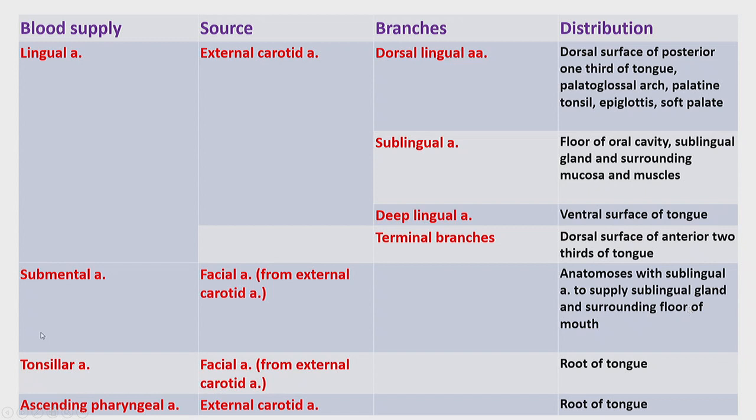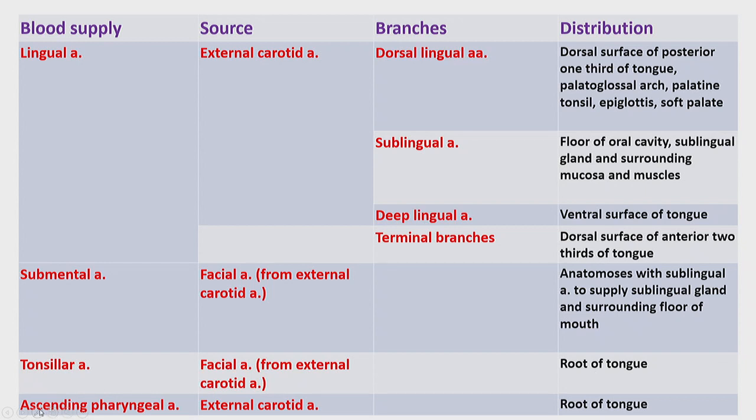The other artery that we already discussed in the soft palate is the tonsillar branch of the ascending palatine artery, which is a branch of the facial artery, which is itself a branch of the external carotid artery. It is responsible for the supply of the root of the tongue, meaning the dorsal one-third of the tongue.